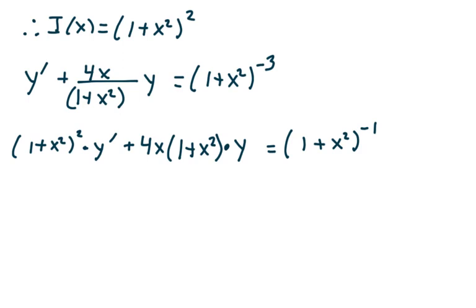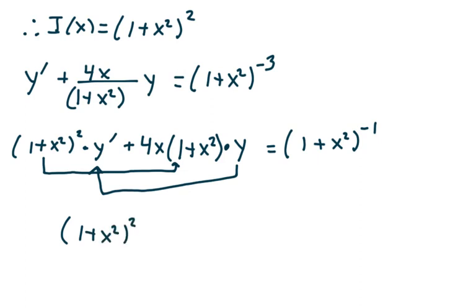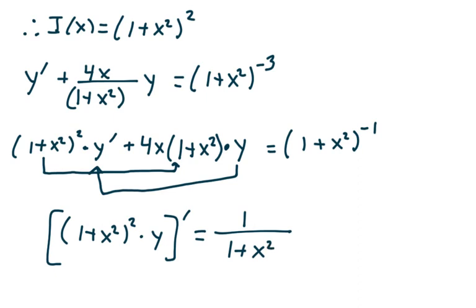So what I did was I multiplied every term by 1 plus x squared to the second power. So this is what I claim we get. Now notice that the derivative of y is y prime. The derivative of 1 plus x squared to the second is this. Okay? And so I get 1 plus x squared to the second times y. This whole thing prime is 1 over 1 plus x squared. That's the same thing.